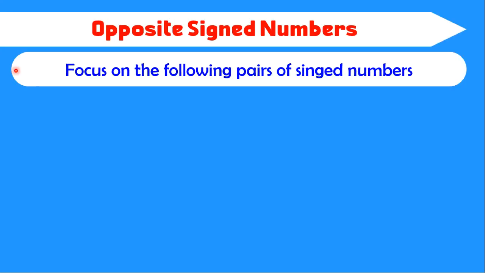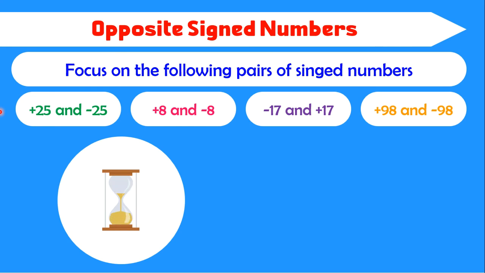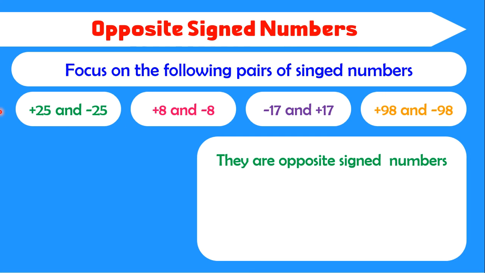Opposite signed numbers. Focus on the following pairs of signed numbers. I will give you some time so that you focus on these signed numbers. They are opposite signed numbers.